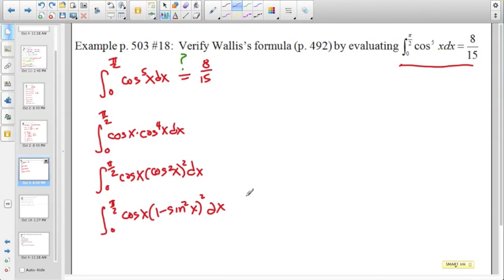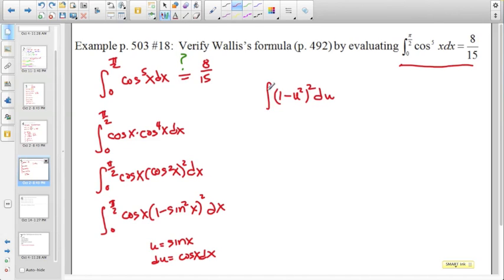So we're going to do a u sub here. And our u sub is going to be u equals sine of x. And then our derivative is du equals cosine x dx. We have a cosine x dx to substitute out. So taking a look at that expression, it now looks like the integral of (1 minus u squared) squared du.